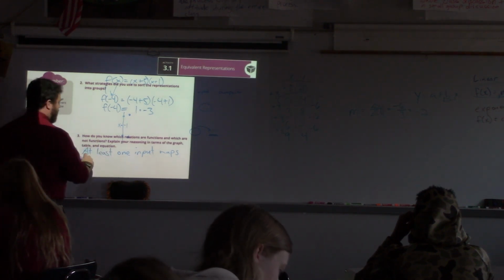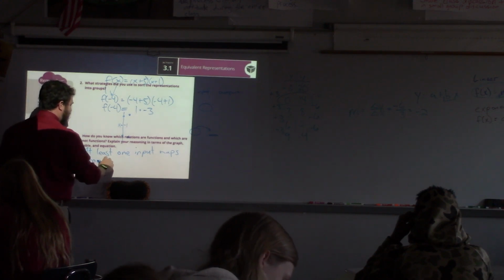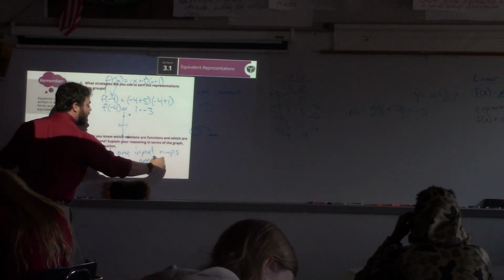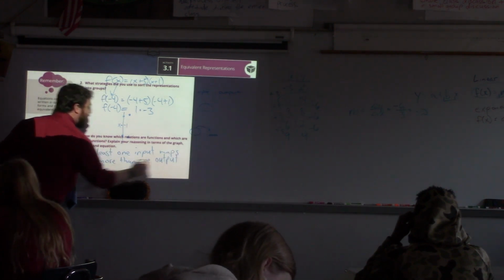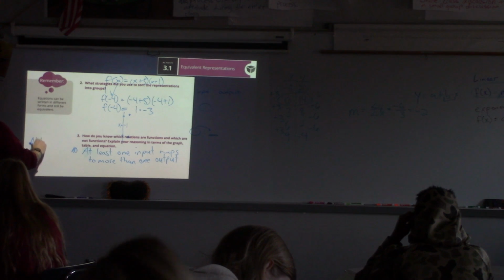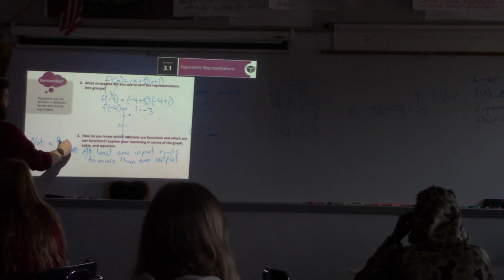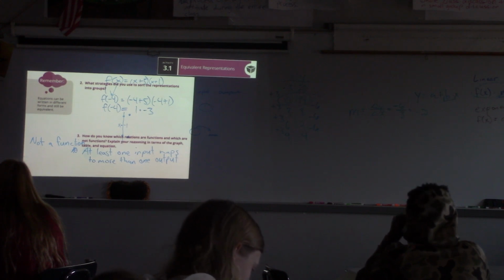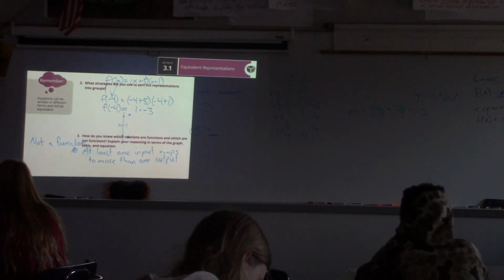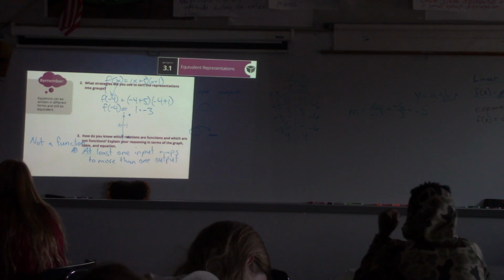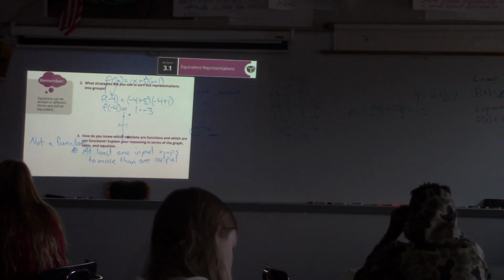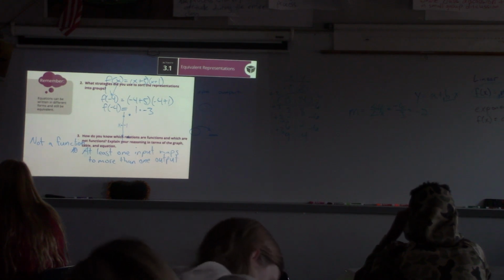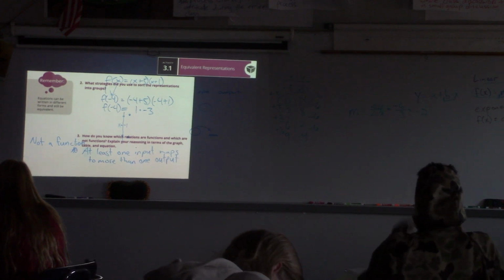At least one input maps to more than one output. That is the definition for it to not be a function. So to not be a function, at least one input maps to more than one output.